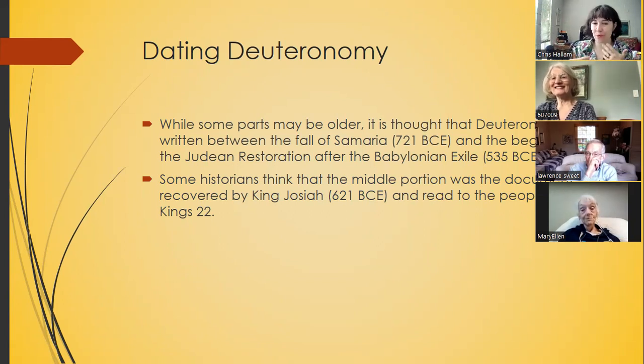We talked about this before with the celebration of the Passover, and there's a point where they find it and they go, oh no, we found the law and we haven't been following it. And so they bring it out and they read it before the people. They think that part of that may have been the book of Deuteronomy, and they have a chunk of it and then they filled in the gaps before it and after it. So the middle section they think might be a little bit older and might be part of what they found in the story of 2 Kings.